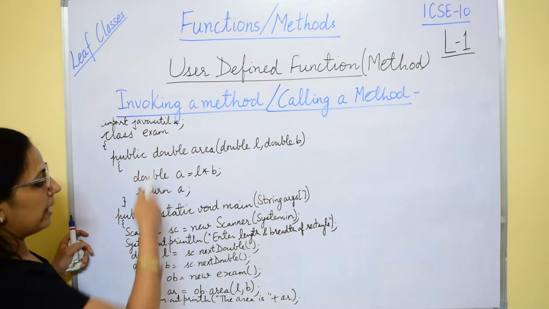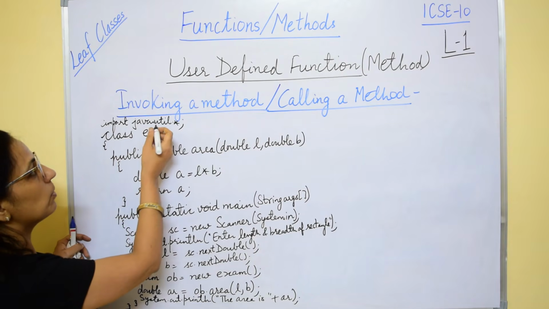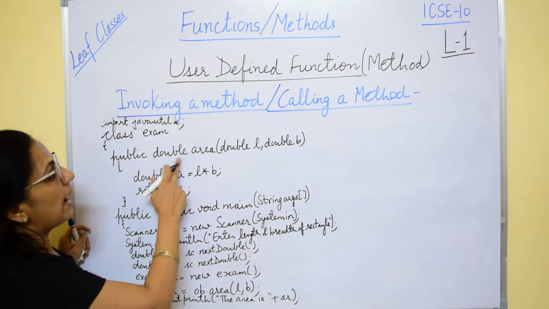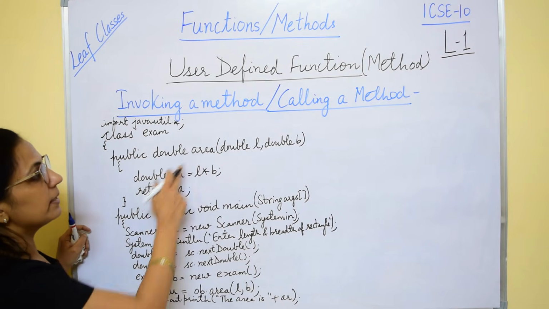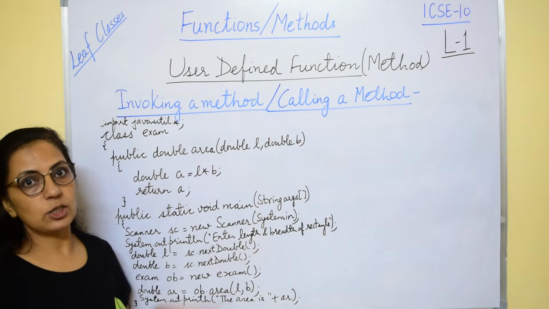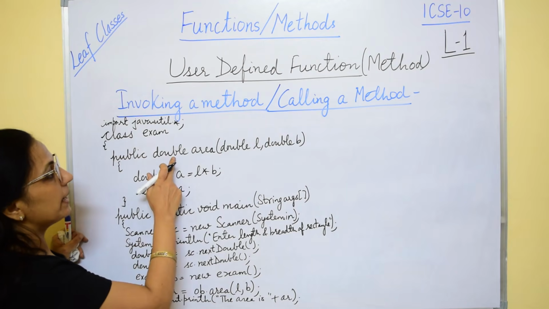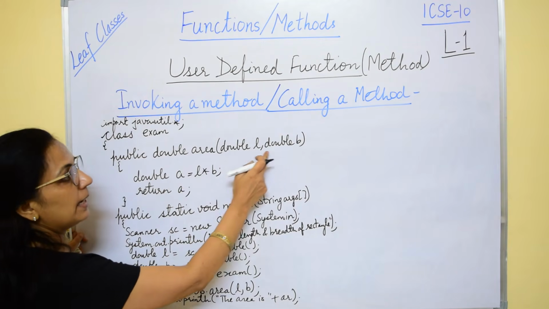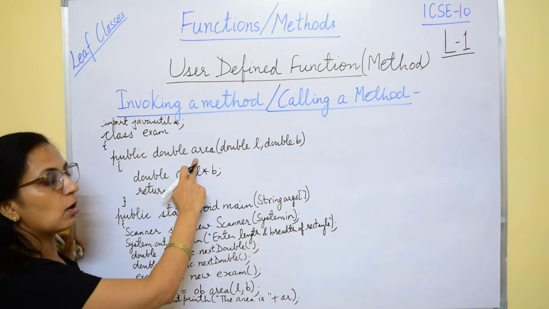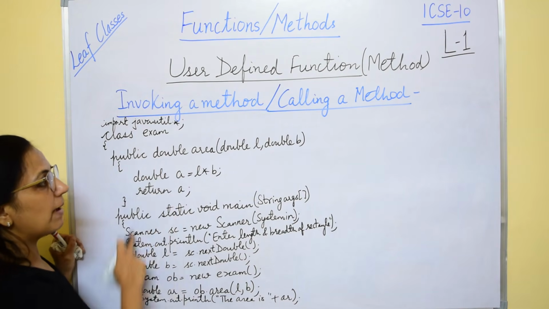Since I will be entering a few values, I have used the import statement, import java.util, then class, and first I have written the function definition for calculation of area, the same which we took just now: public double area, double L comma double B, for calculation of the area of the rectangle, and it will return a double value.